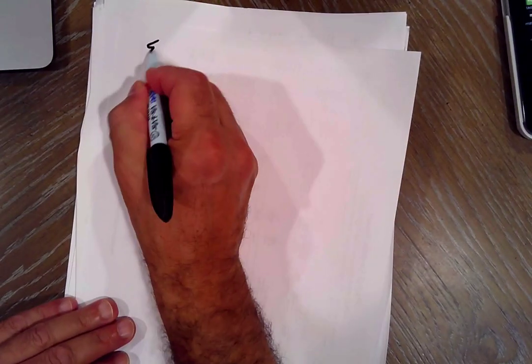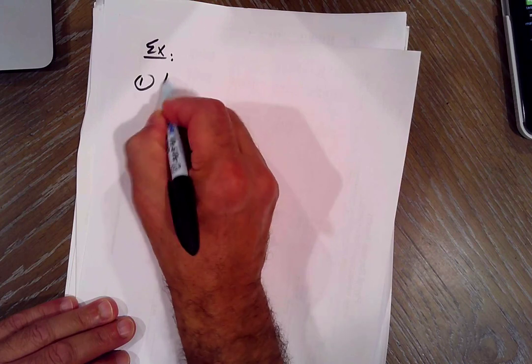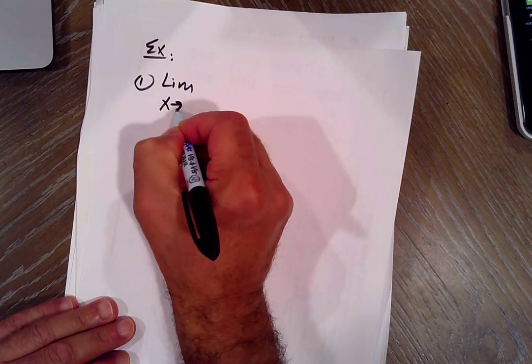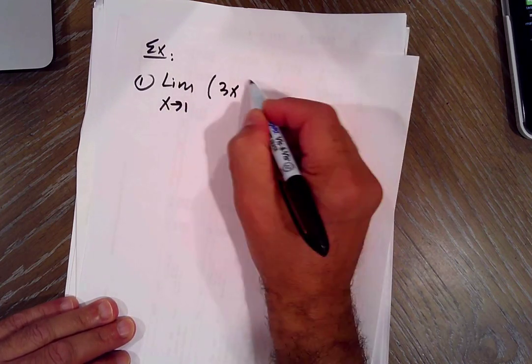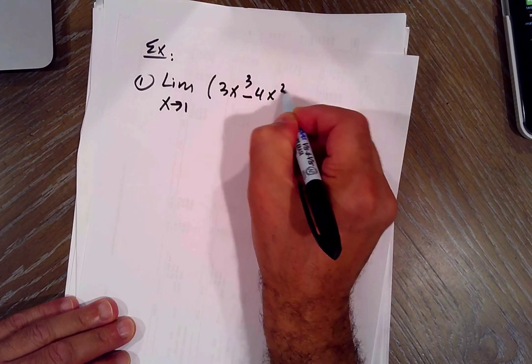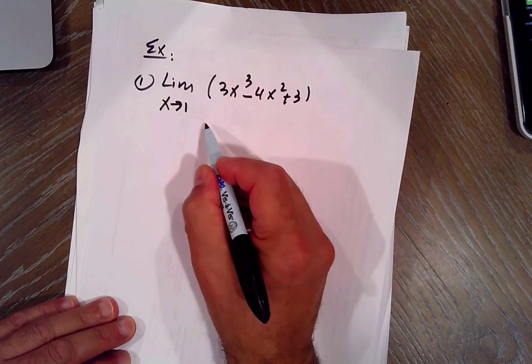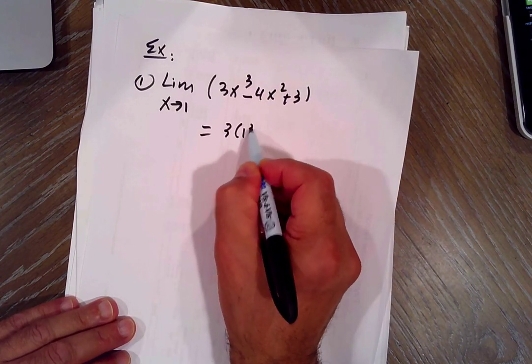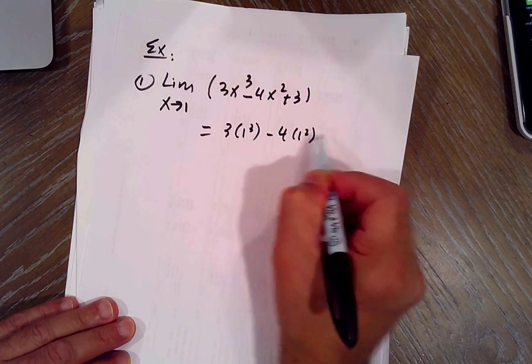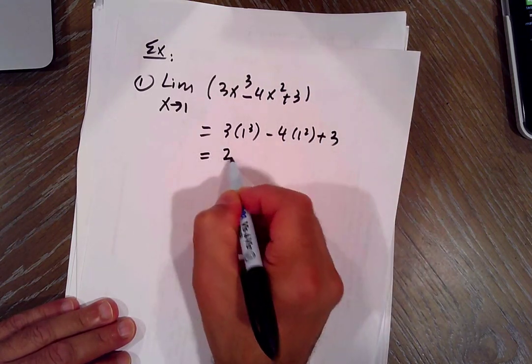So let's look at several examples. What's the limit as x goes to 1 of the polynomial function? You just plug it in. Minus 4 times 1 squared plus 3, which cancels.